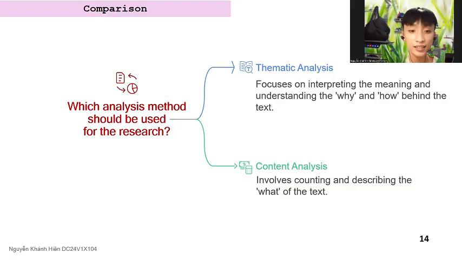Thematic analysis helps us explore why and how people use language, while content analysis helps us see what appears in the data. For example, if we analyze social media posts, thematic analysis can reveal themes like self-expression or seeking empathy. Meanwhile, content analysis can show how many times emotional or humorous words appear.